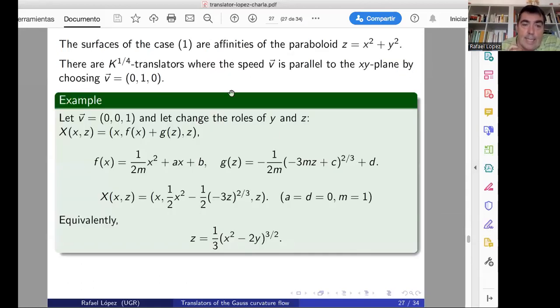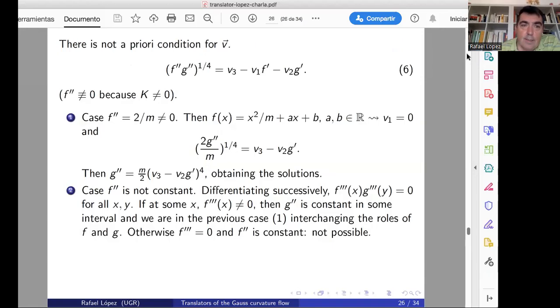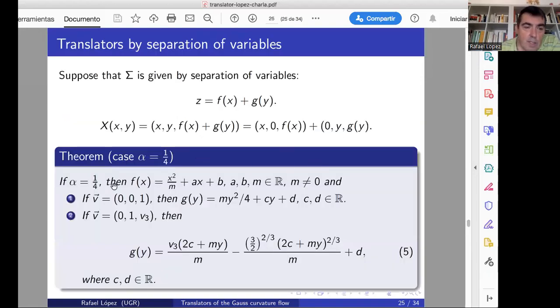Then I put some examples in this case, because if I come back to the equation, since the surface is a graph on the xy plane, people think that the best option is to choose v equal to (0, 0, 1), orthogonal to the xy plane. But there are more examples. This is the idea, and then I put here another example.